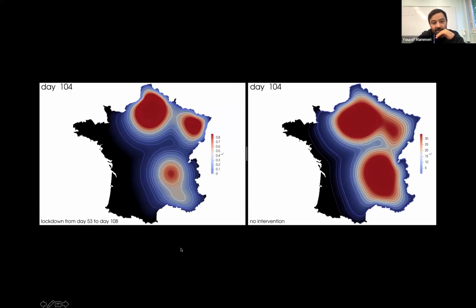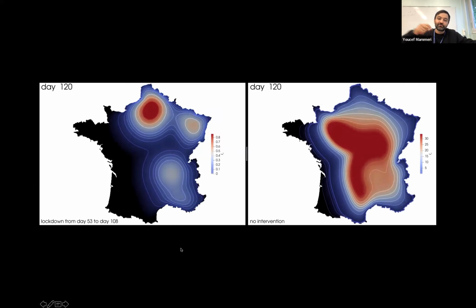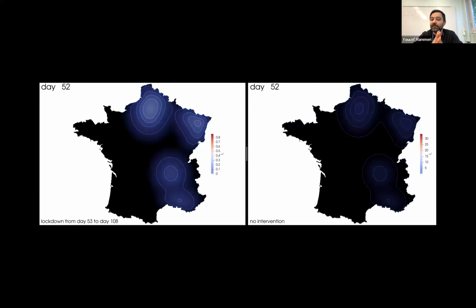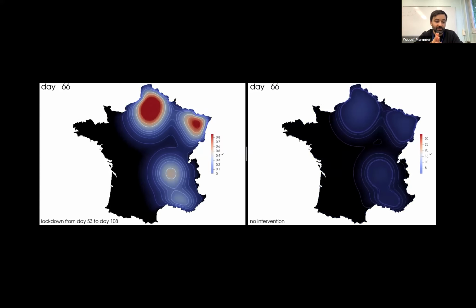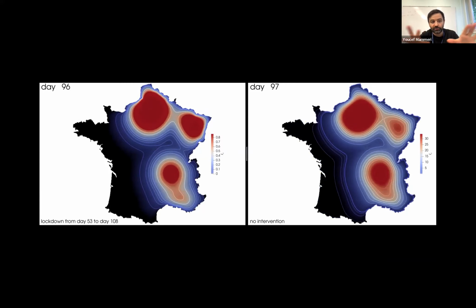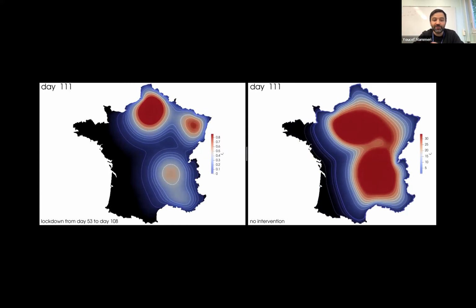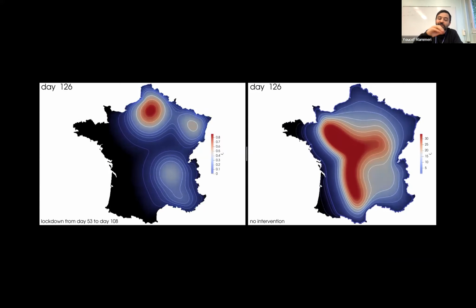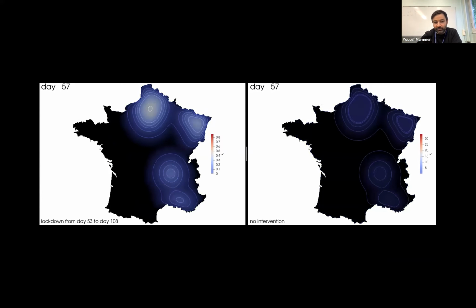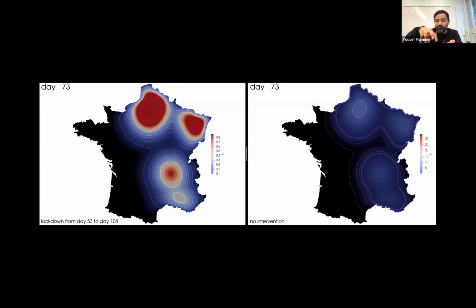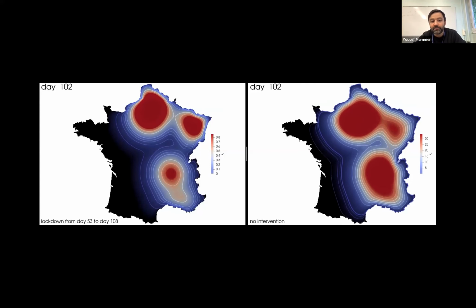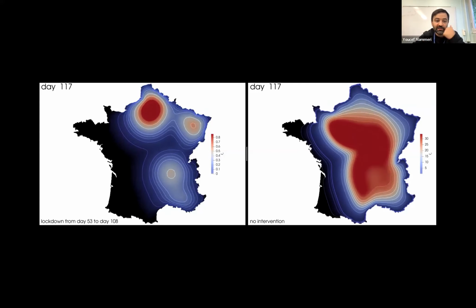There are two things. You can travel between cities, and you also have the mean daily movement. A French citizen is moving around his home around 15 kilometers. So the mean movement is 15 kilometers from your home. This is what is in the model.